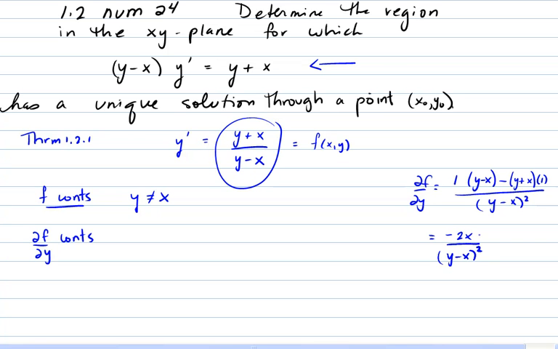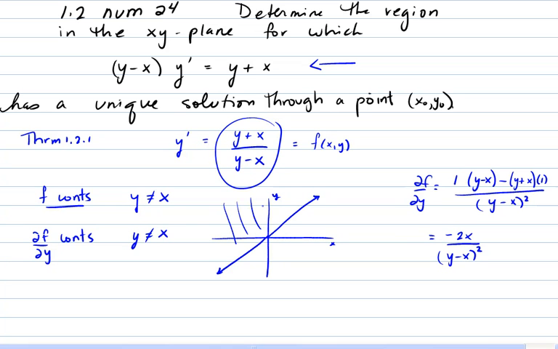Again, the only problem we could have with this function is when y equals x. So the same condition applies so that the partial of f with respect to y be continuous. So we can see then now that the region is all those points, and I'm going to go ahead and visualize that, all those points in the xy plane, except for those when x is equal to y, which are these points on this line.